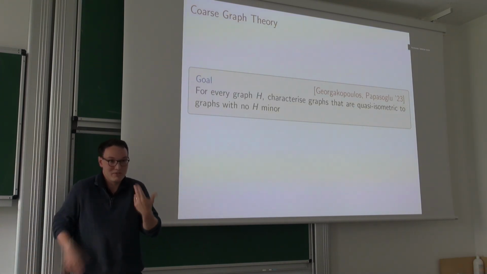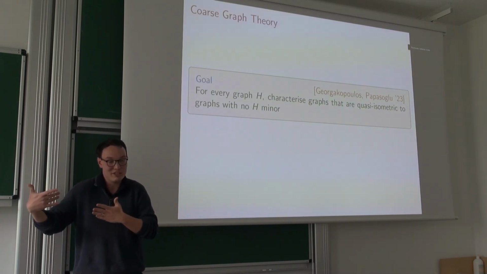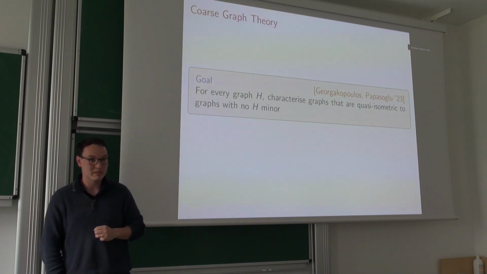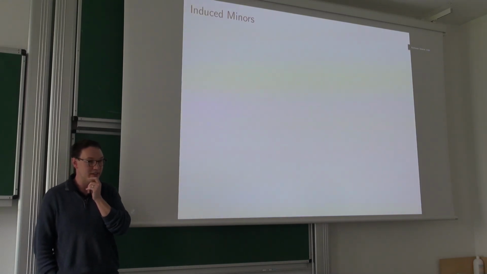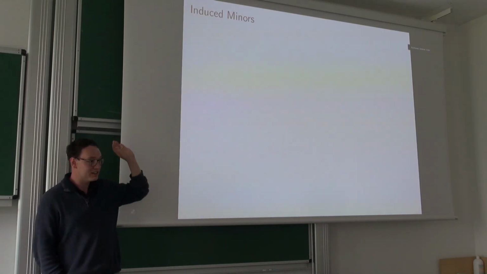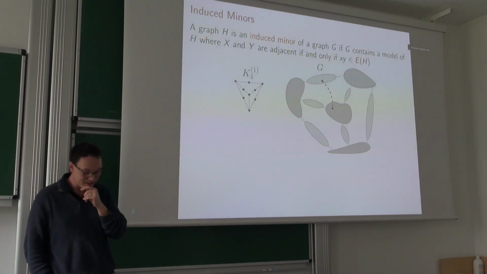And so we need to try and think, okay, what could be some candidates of what graphs could be quasi-isometric to graphs with no H minor. And one thing that would pop out when thinking about this are induced minors. So what is an induced minor?